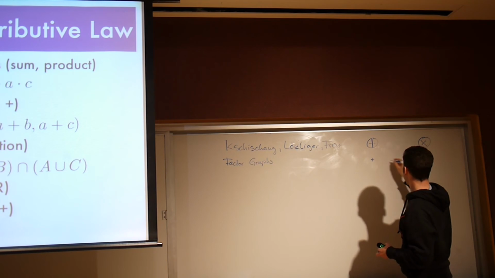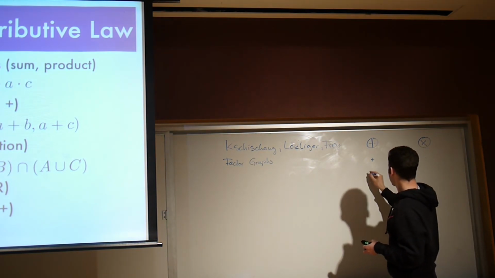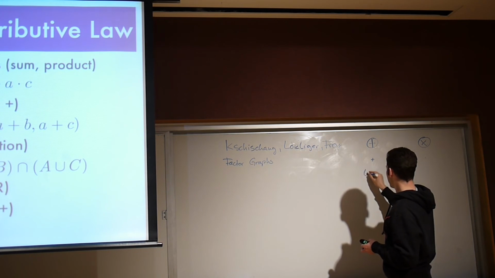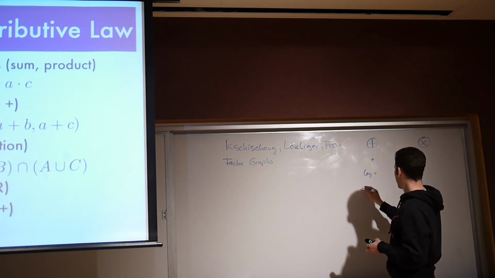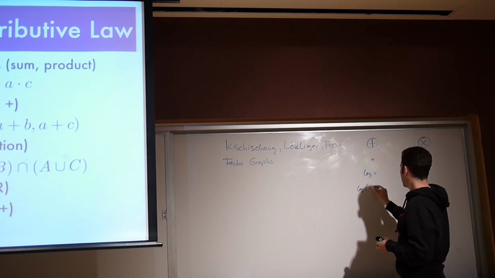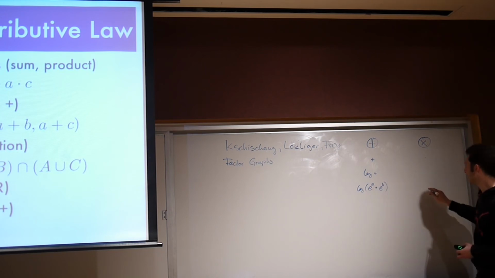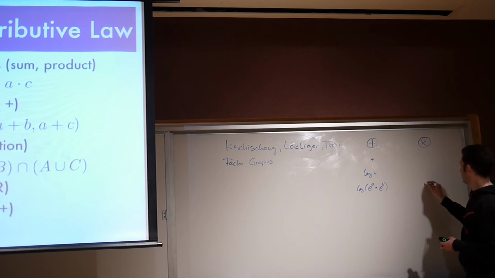Well, of course, plus and times, that's fine. Now, what I'm going to do is I'm going to use the log plus operation. And that basically is as follows. It is log of e to the a plus e to the b. And times is going to be plus, so that's basically a plus b.